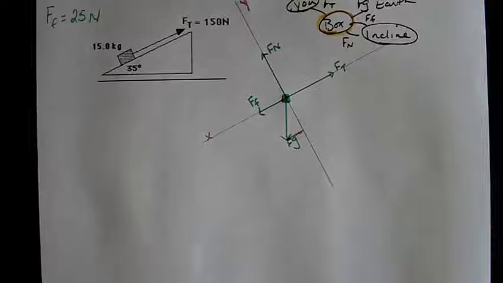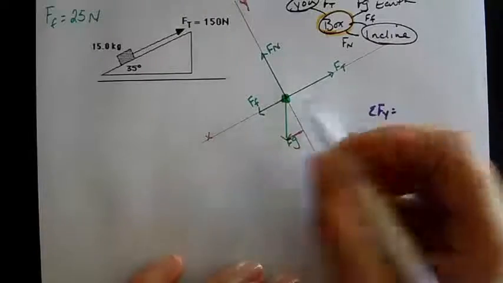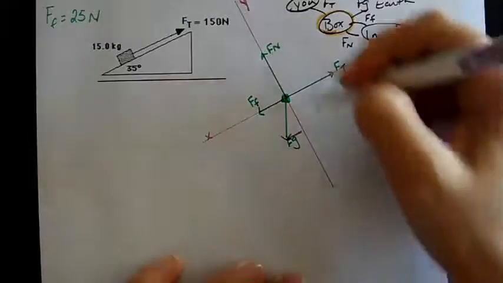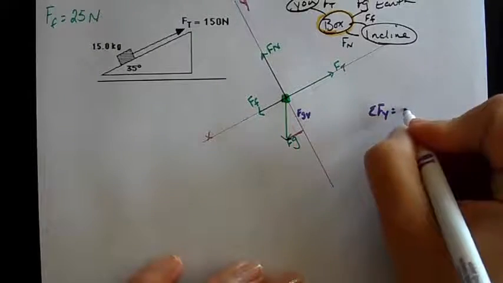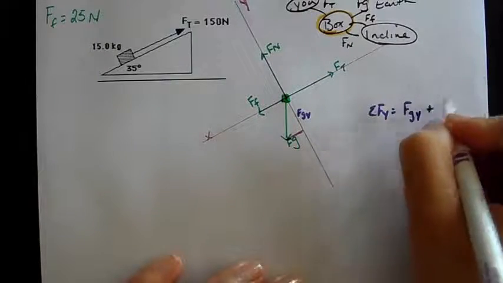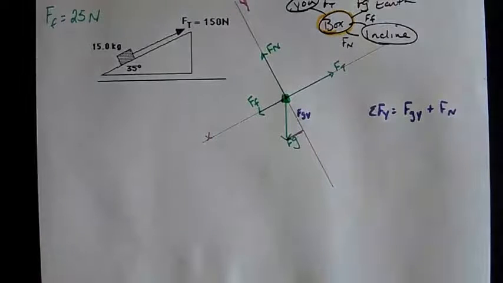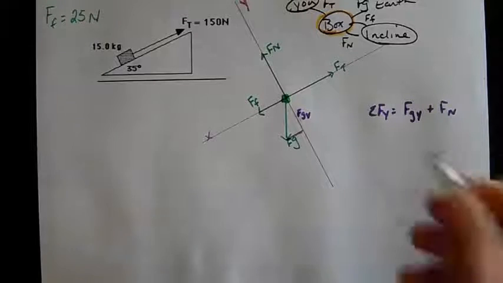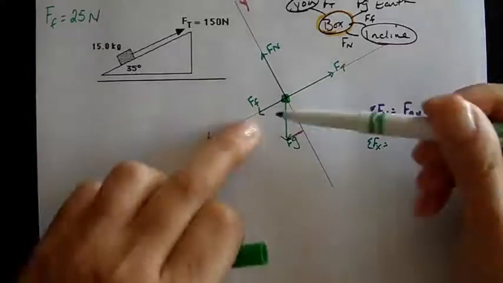So how do our sum equations look now? All right, so when we look at the equations in the y direction, we've got the same thing. This is our force of gravity in the y, and our normal force. So that doesn't change anything. But in our x direction, we now have 3 forces.